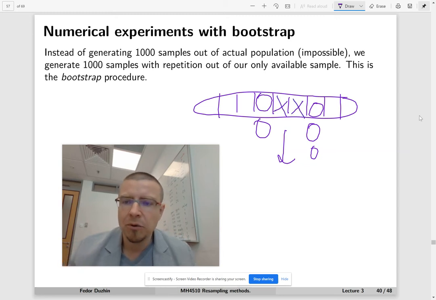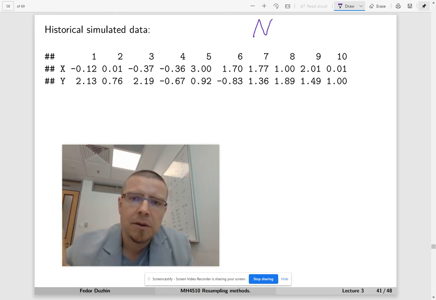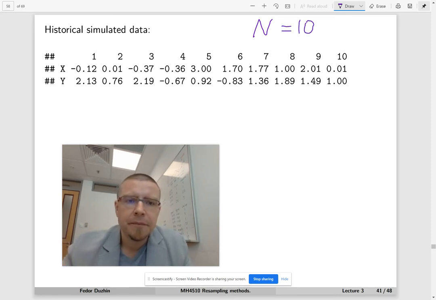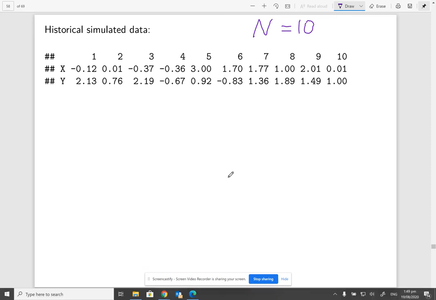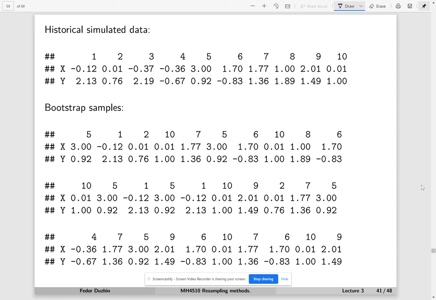So here is how it works. Here is an example. If this is our data set, the only available sample of size 10, the bootstrap samples are obtained from just this only available sample as follows. Here are just 3 random examples: bootstrap sample 1, sample 2, sample 3.